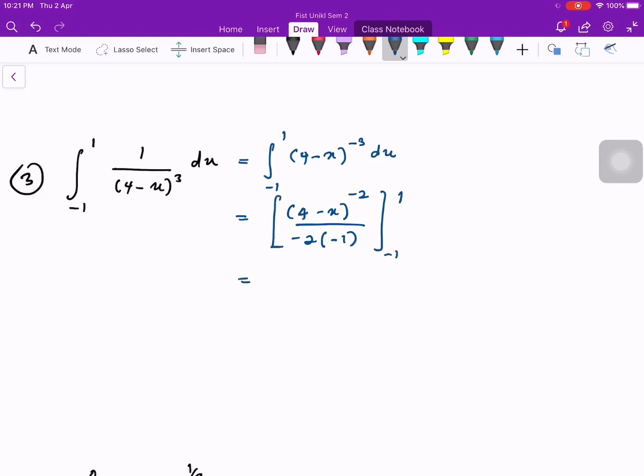So I simplify this as usual. 2 saya keluarkan sebab dia constant. Okay, 1 per 2. Okay, then we have 4 minus x to the power of minus 2. Saya tukar balik kepada positive index, di mana kita akan ada 1 per 4 tolak x kuasa 2, and we have a limit from minus 1 to 1.